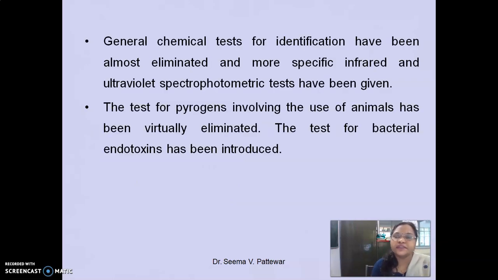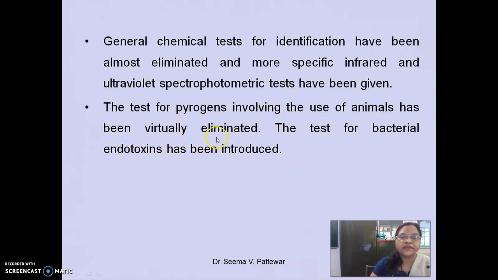General chemical tests for identification have been almost eliminated and more specific IR and UV tests have been given. UV ultraviolet spectrometric tests have been used. The test for pyrogens involving the use of animals has been virtually eliminated and the test for bacterial endotoxin has been introduced.